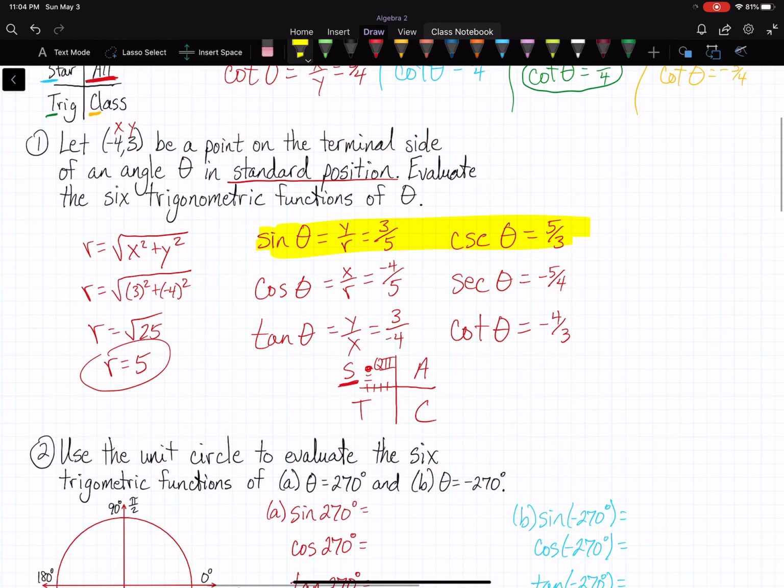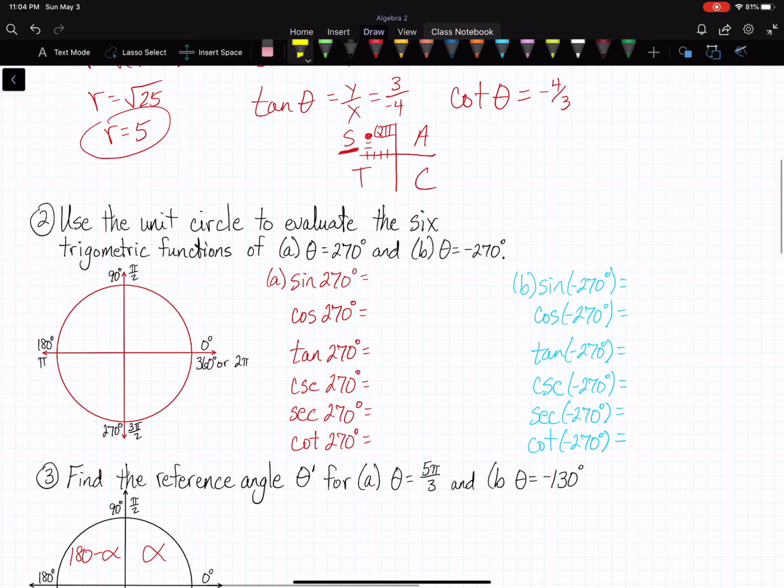All right? Moving on to number 2. Number 2 is asking us to use the unit circle. The unit circle is simply a circle that has a radius of 1. So this circle has a radius of 1 all the way around. What does that tell us?